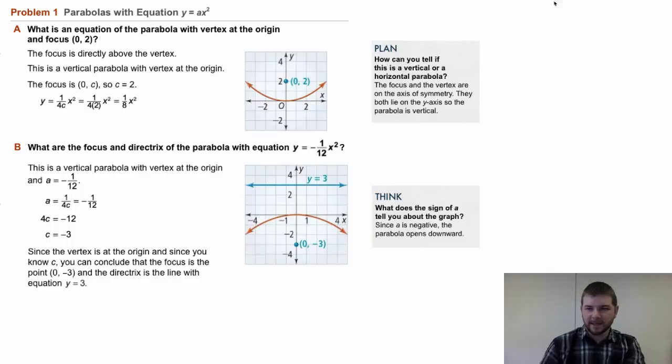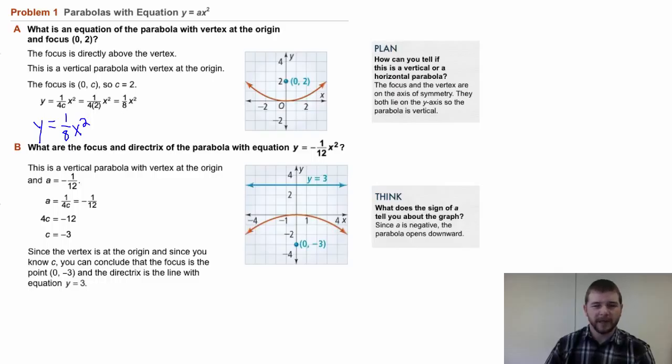We know that c in this case is 2, so we can rewrite that equation as y equals 1 over 4c, c is 2, so that's 1 over 8 x squared. And we're done.